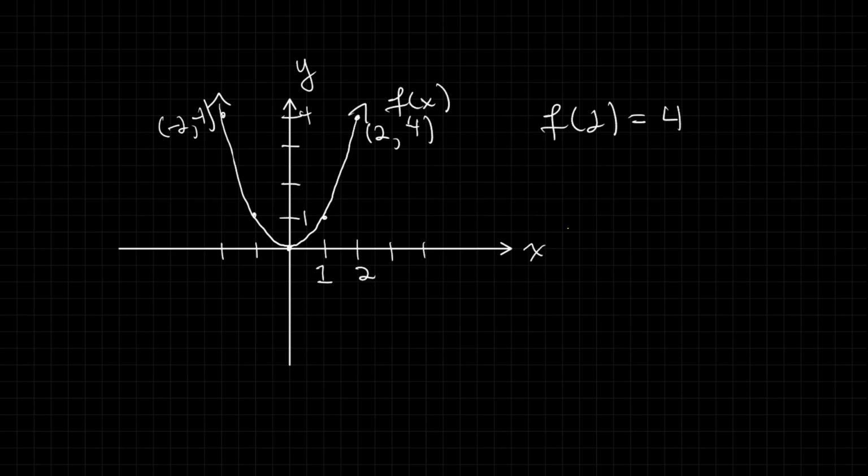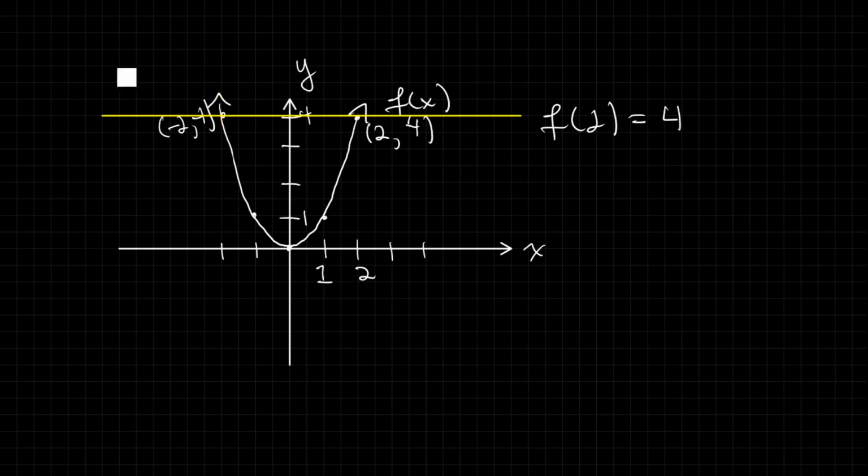One easy test to determine if you have multiple inputs which give you the same output is to draw a horizontal line at that output. So for example, for the output y equals 4, if you draw a horizontal line at that y value, we get two intersections. And the x values of the intersections will tell us the inputs, 2 and minus 2, which give us that output of 4.